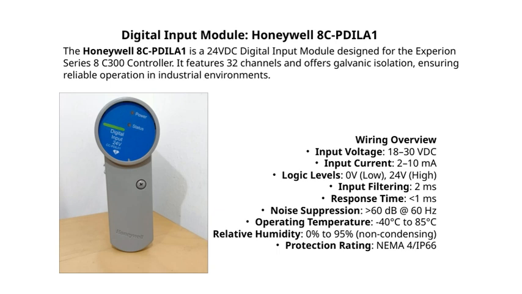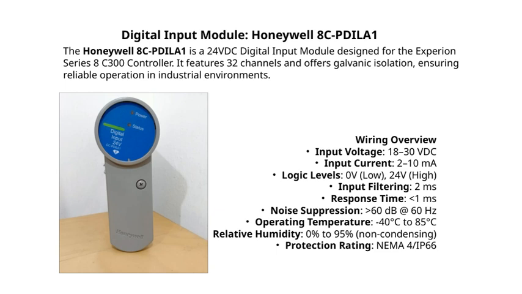Its response time is very fast, less than 1 millisecond, allowing for quick detection of input changes. The operating temperature range spans from -40 to 85 degrees Celsius, so it can operate reliably in extreme conditions. Humidity tolerance is also broad, from 0 to 95%, non-condensing, making it suitable for various environments.